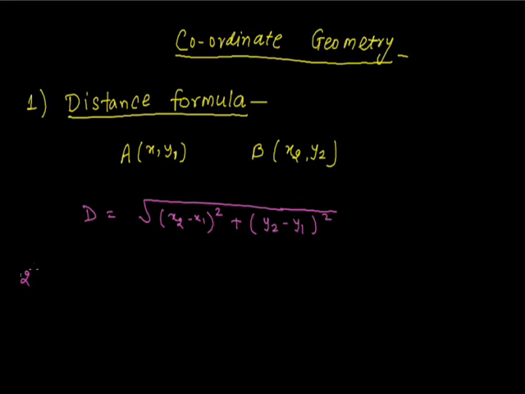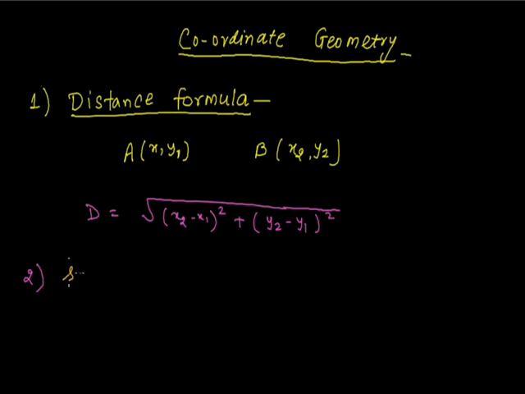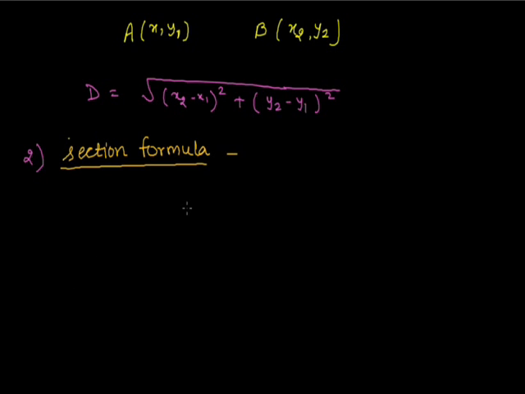The next concept is the section formula. The section formula is used if 2 points are given, let's say A and B, and there is a point R which lies between these two given points.